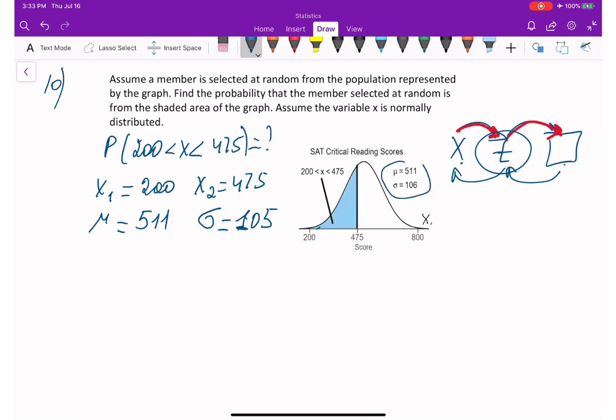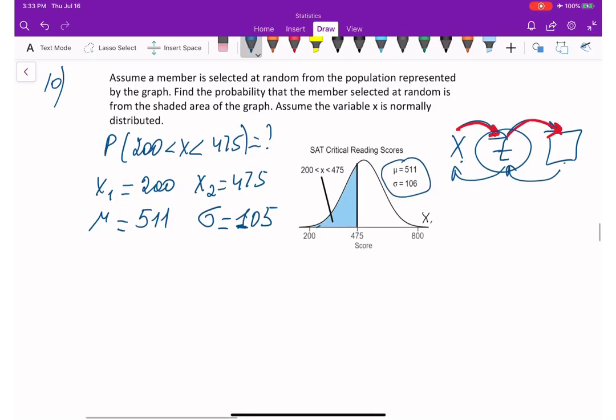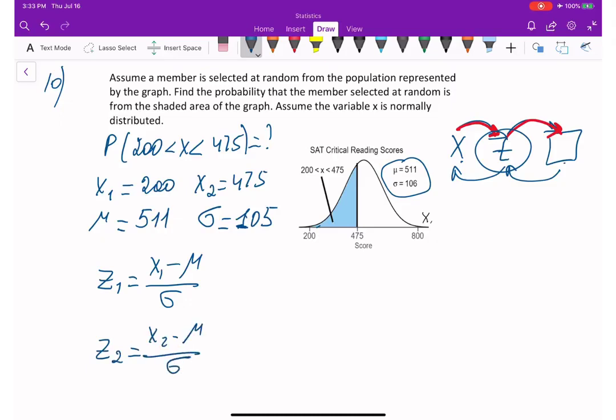Here you have this data. So let's find z1 and z2 for x1 and x2. Z-score 1 is equal x1 minus mu over sigma. Z2 is equal x2 minus mu over sigma.